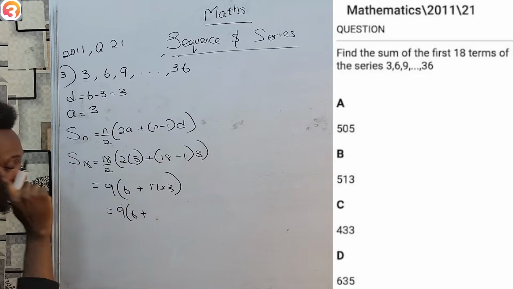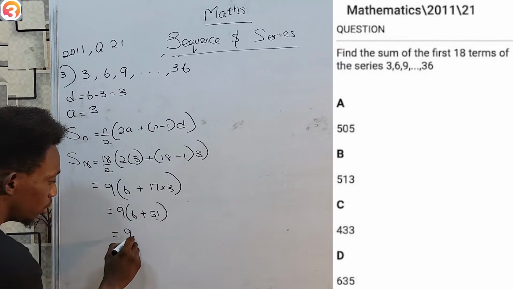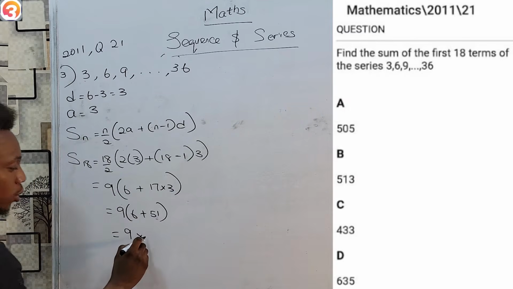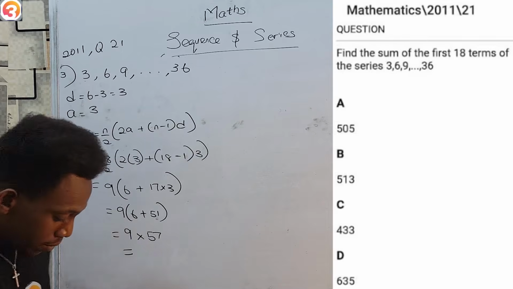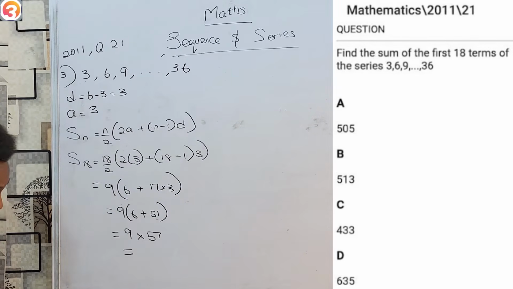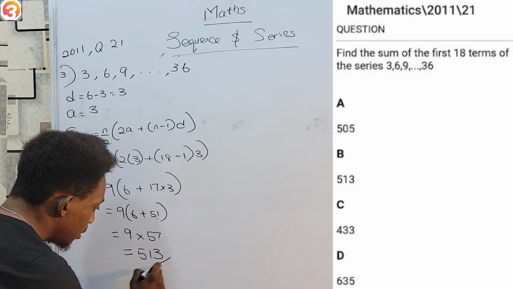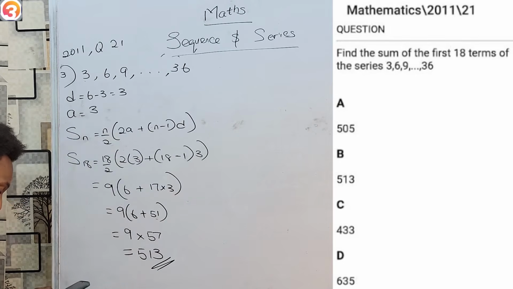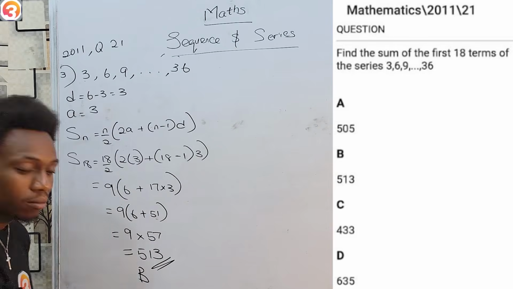Well, 17 times 3 is 51. This will give me 9 times 51 plus 6 is 57. So 9 times 57. So we're going to open my calculator here and do that multiplication. 9 times 57 is 513. And if you take a look at your options, that is option B.